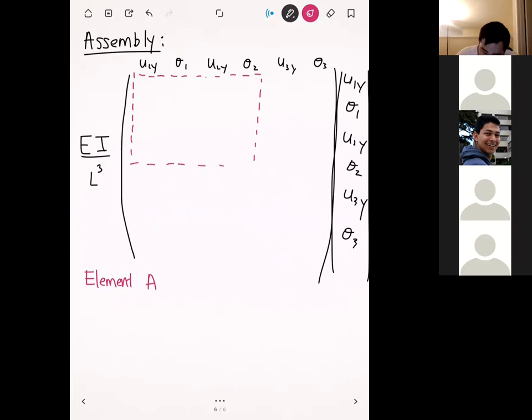Element A is going to take care of the 1, 2 block, and the 1, 2 block is given by that right there. Then element B I'm going to write in green, and that's going to be this block right here.